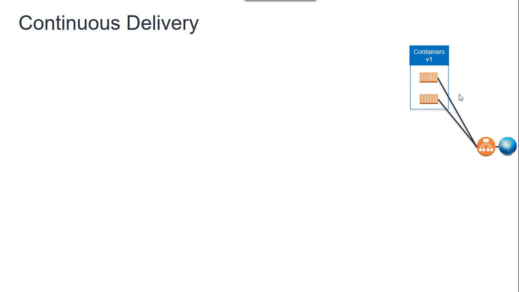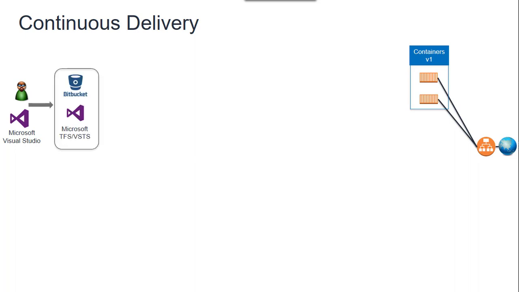Let's say at some point, the requirements change and the time comes to publish a new version of the software. So the developer comes in, creates a new website, makes some modification, and then publishes that software into the source control system the team is using. It can be something like GitHub or Bitbucket or Microsoft Team Foundation Server or Visual Studio Team Services.